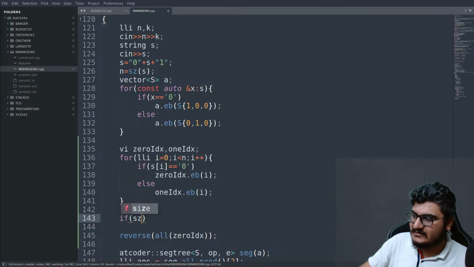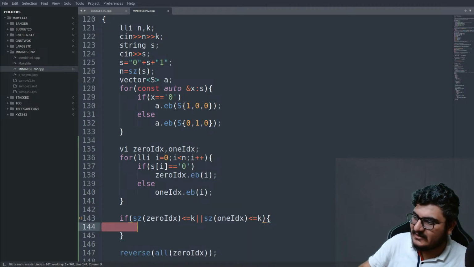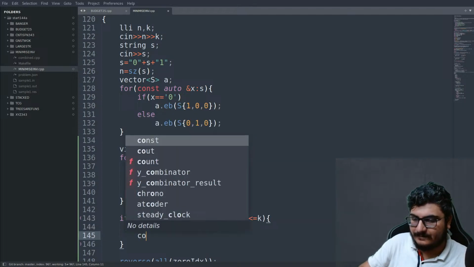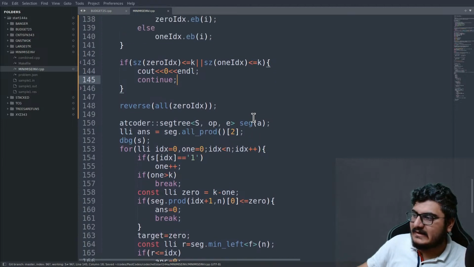If the number of zeros is less than or equal to k, or the number of ones is less than or equal to k, then we can just change all of them and put 0 here. And this is the idea.